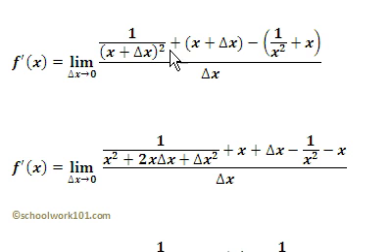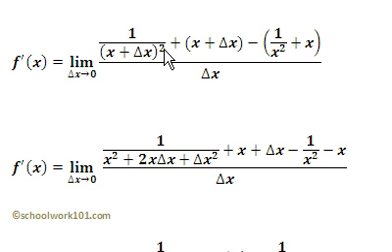So you'd end up having 1 over x squared minus 1 over x squared. Those would cancel out. And so we'd end up getting 0 in the numerator and 0 in the denominator. So we need to try to simplify this down as much as we can.